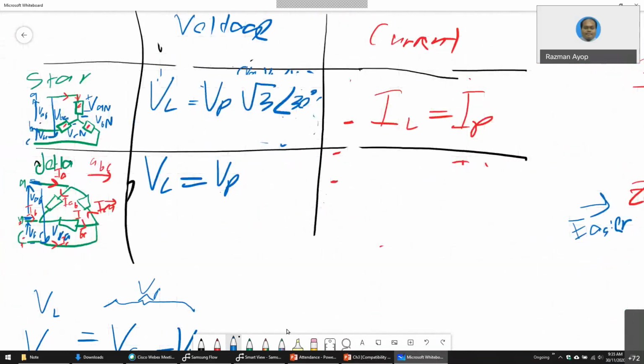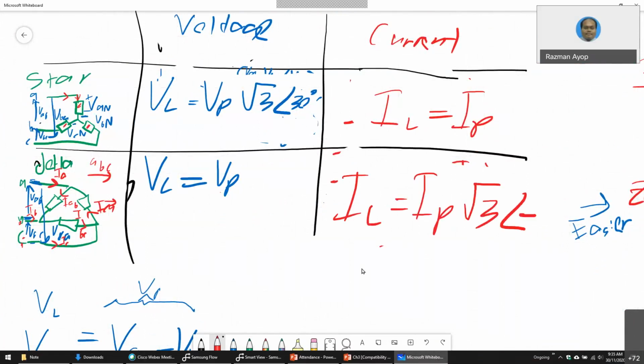For delta connection, the relationship is IL equals IP times square root 3 angle negative 30 degrees. Make sure you put negative. For star it is positive 30 degrees, and for delta the current is negative 30 degrees. Make sure you remember this formula. It will not be given.